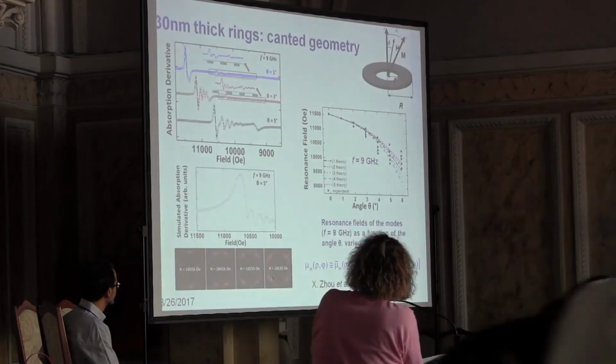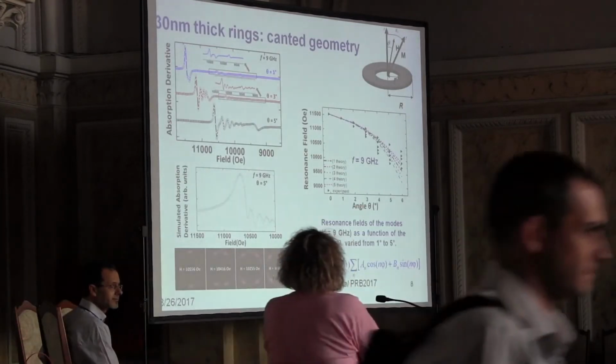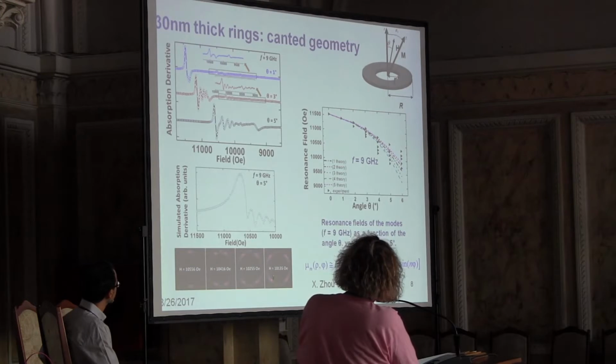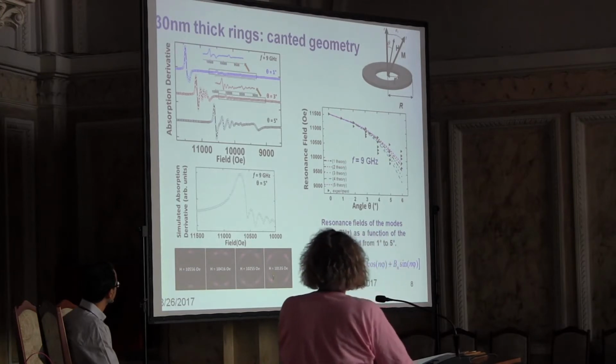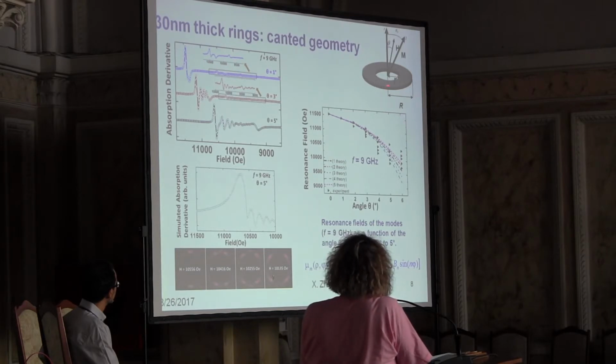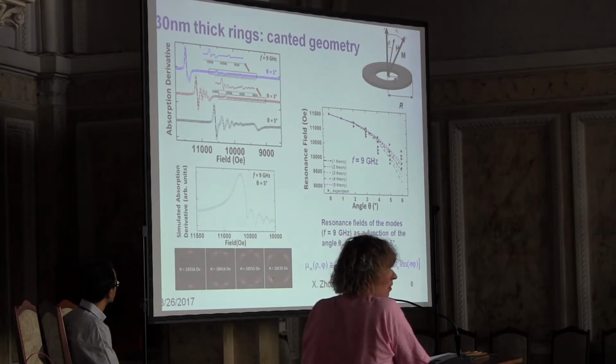Now, what do we have in experiment? Of course, the theory is right, so the experiment shows the same. If the field is in perpendicular direction, there are three peaks in FMR spectra.